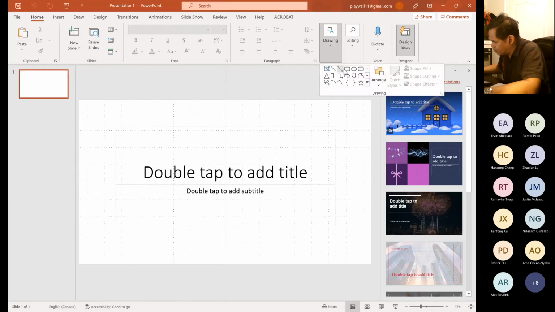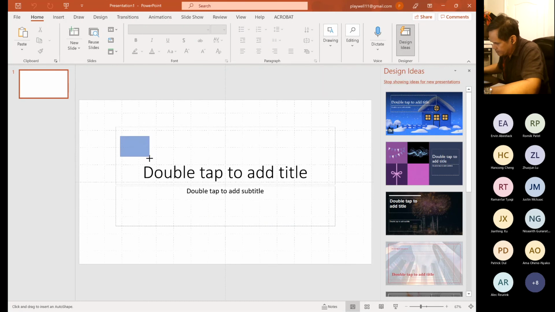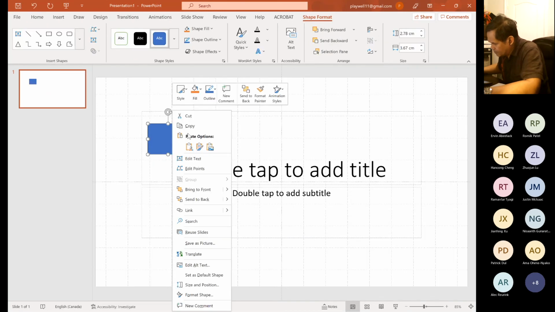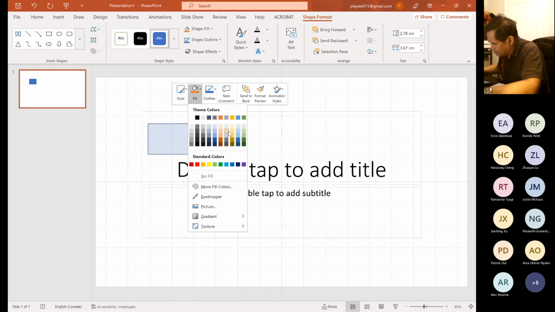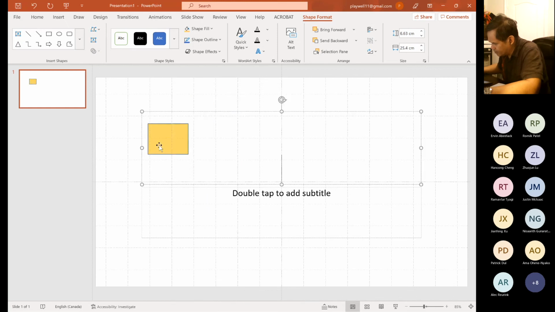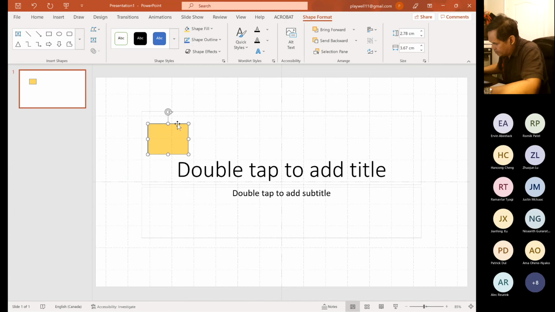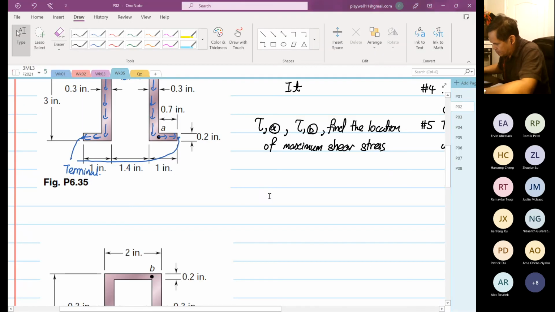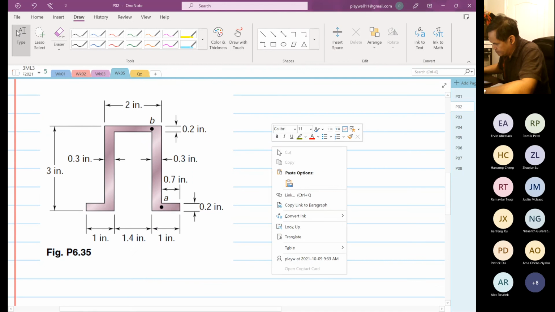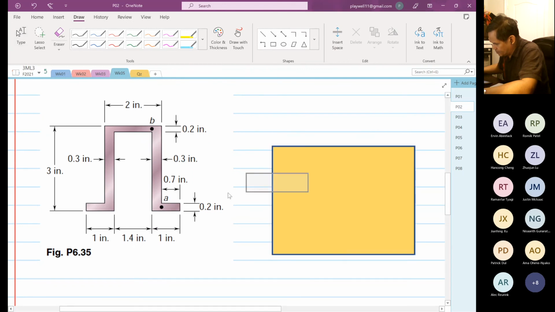I need to draw a box. And choose a better color. Copy.